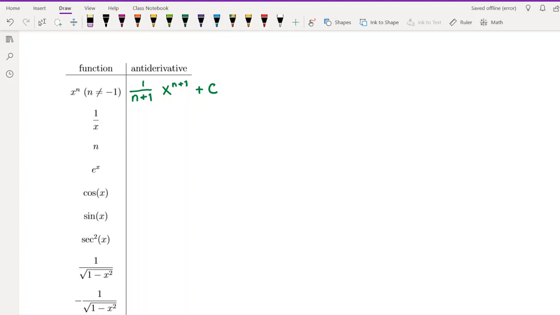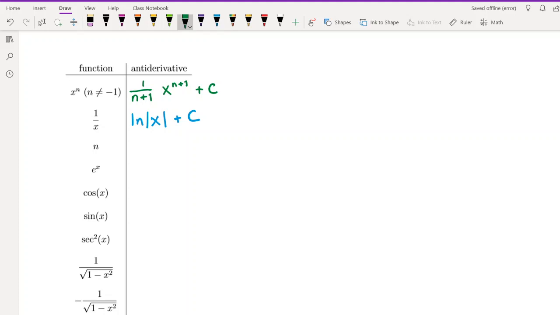So what function gives us 1 over x? Well, ln of x. And then we have this extra thing that we add in, which is that we put an absolute value around the x, basically to guarantee that the domain of the original function and the antiderivative match up. So that's our antiderivative for 1 over x.